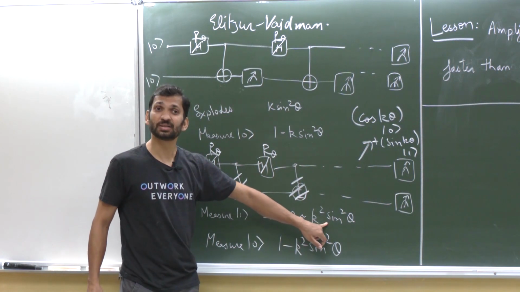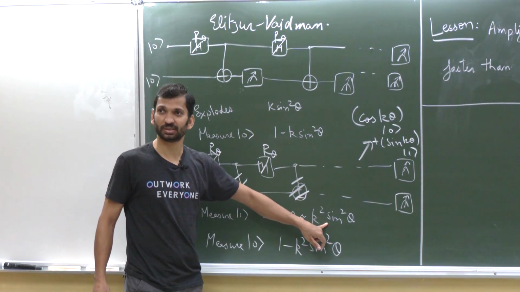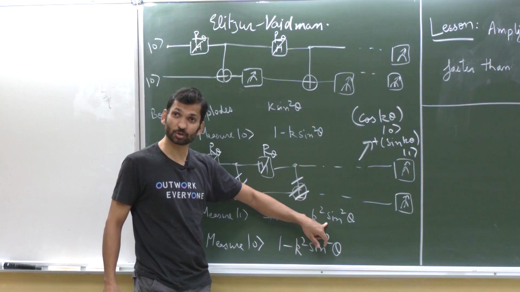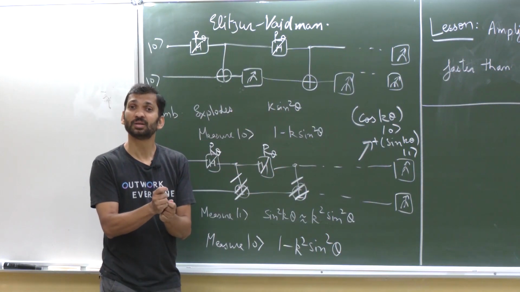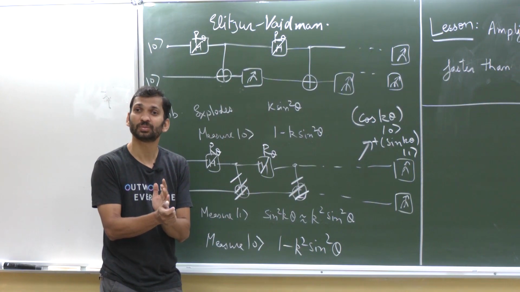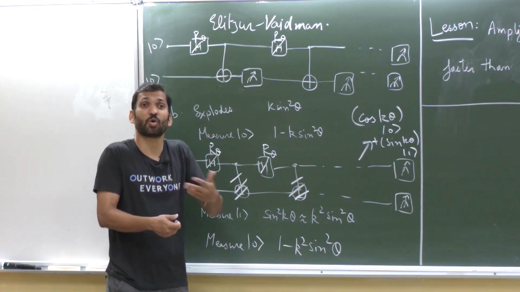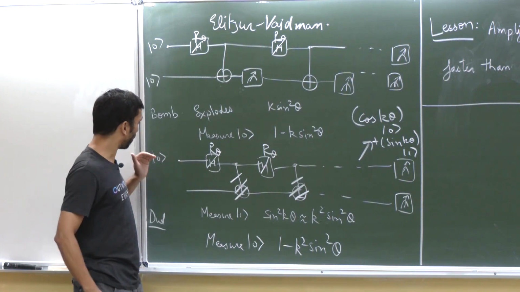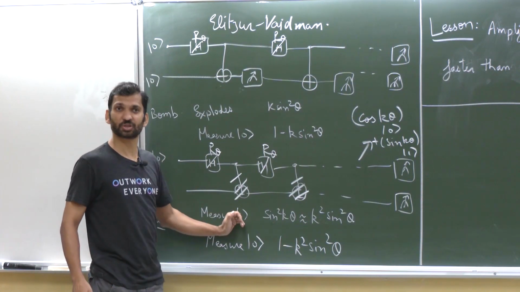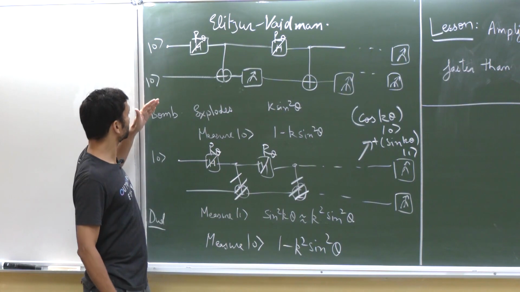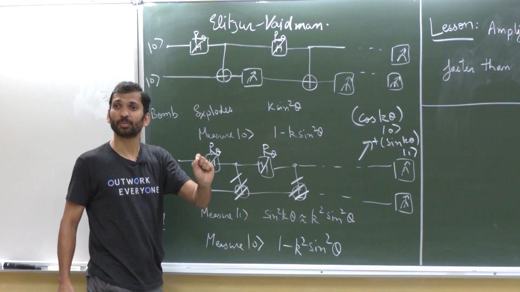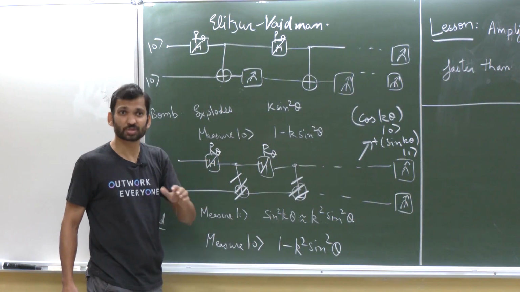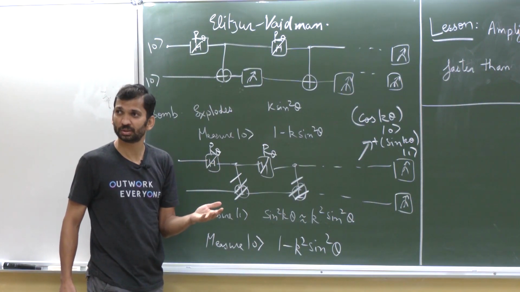This is going as k square sine square theta, right? So this is going faster to 1. So when this reaches 1, this quantity will still be very close to 0. So what have we shown? If the bomb is a dud, we will measure 1. If it is real, then it will explode with a very, very small probability.